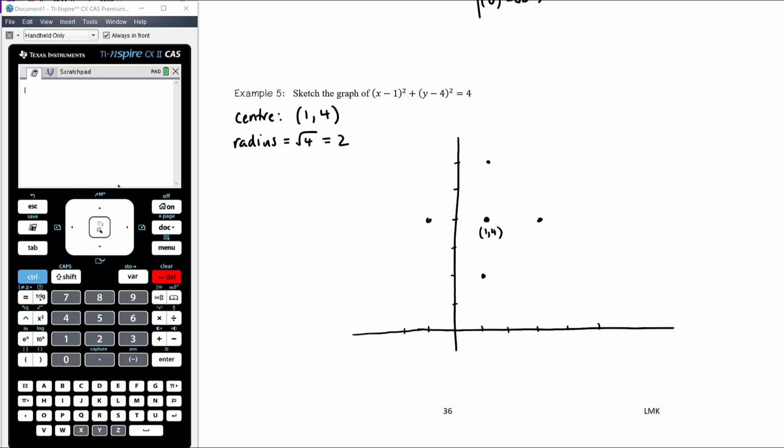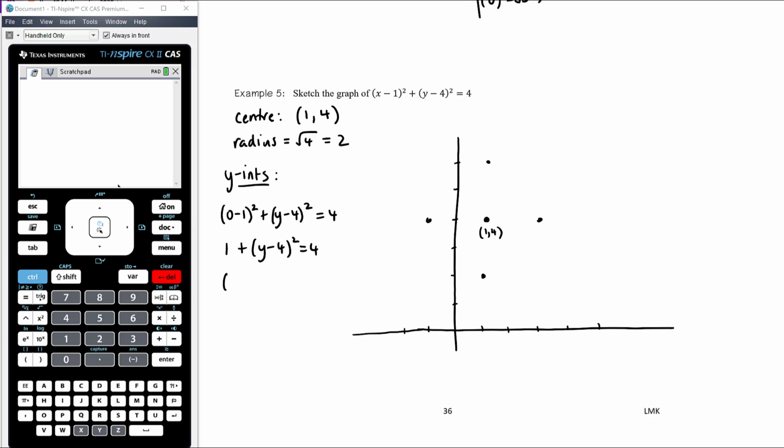Now we can see that we're going to cross the y-axis here, as we go around. So let's calculate those y-intercepts, but we're not going to cross the x-axis. So let x equal 0: (0 minus 1) squared plus (y minus 4) squared equals 4. So it's negative 1 all squared, which is 1, plus (y minus 4) all squared equals 4.